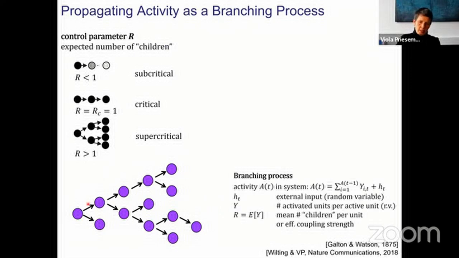Here on the right-hand side, you see the mathematical definition of such branching processes. The activity at a given time point t, so really the number of people who are infected at that time point, depends on the infections in the previous time step. Every single one of the active ones in the previous time step infects a random number y of units, which can be 0.